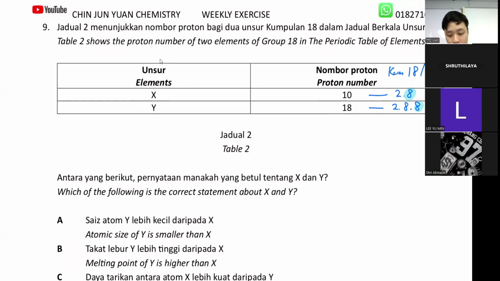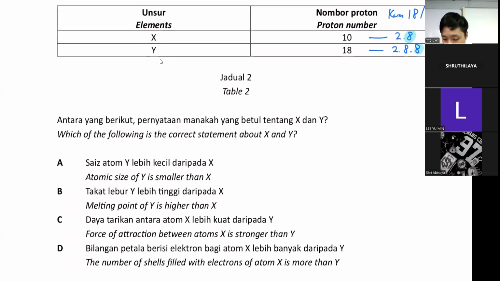Actually, X is neon. On top of neon is helium, which is 2. Then you got helium, neon, argon. Y is argon, 2.8.8. So down the group, what happened?